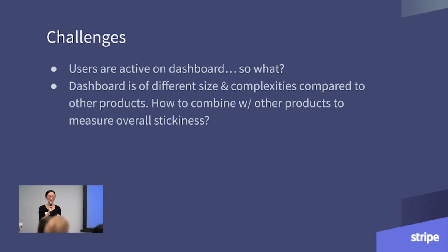Maybe there are use cases that don't require that much activeness on the dashboards. And also the dashboard is this monitoring tool. How can you combine usage of this product with some of the other software products that we also provide, such as the product that allows you to charge your subscription users? So those are the problems that we're facing and how we're using jobs-to-be-done to solve it.